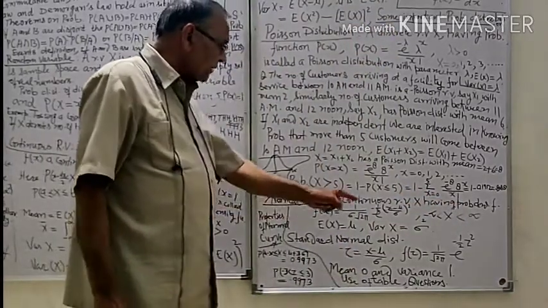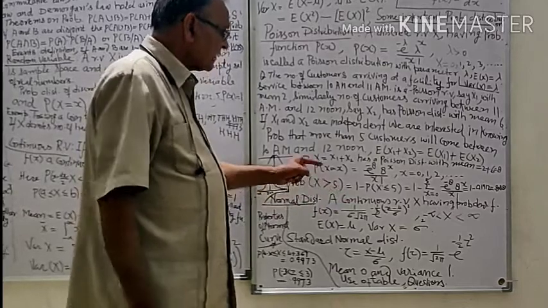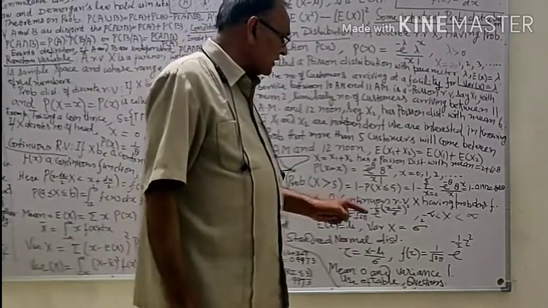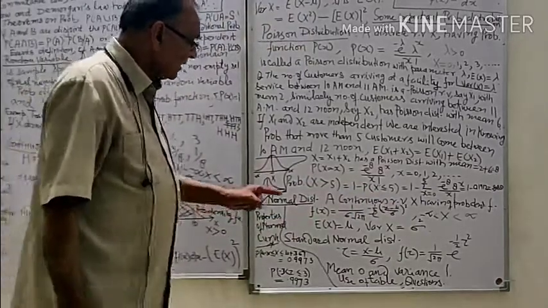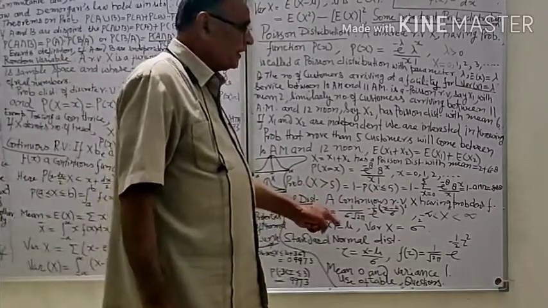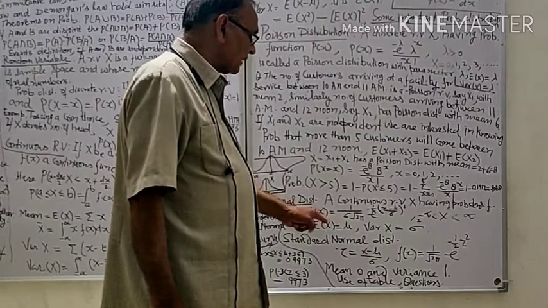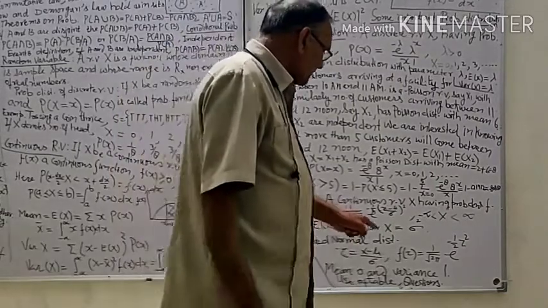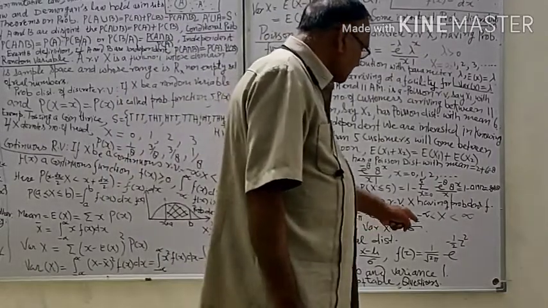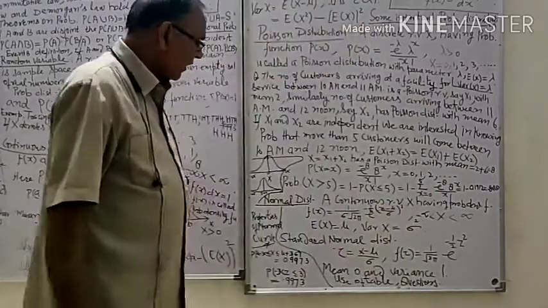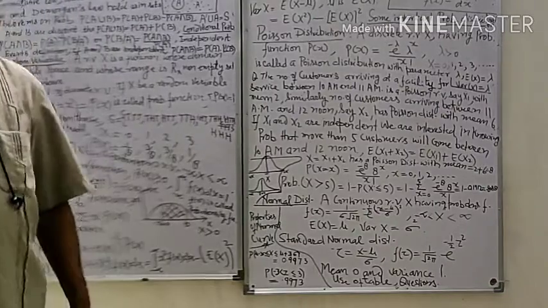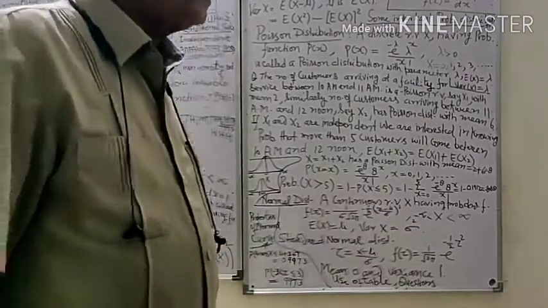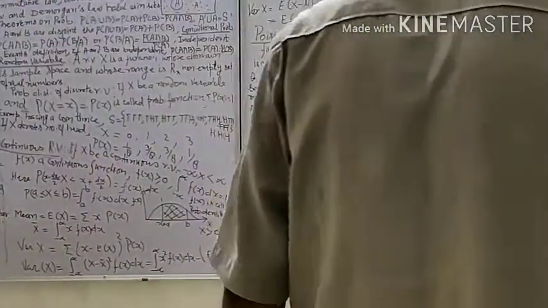So this is the probability density function, but here two parameters are involved, mu and sigma. This mu happens to be the mean or the expected value of this distribution, and the variance of this distribution is sigma square.